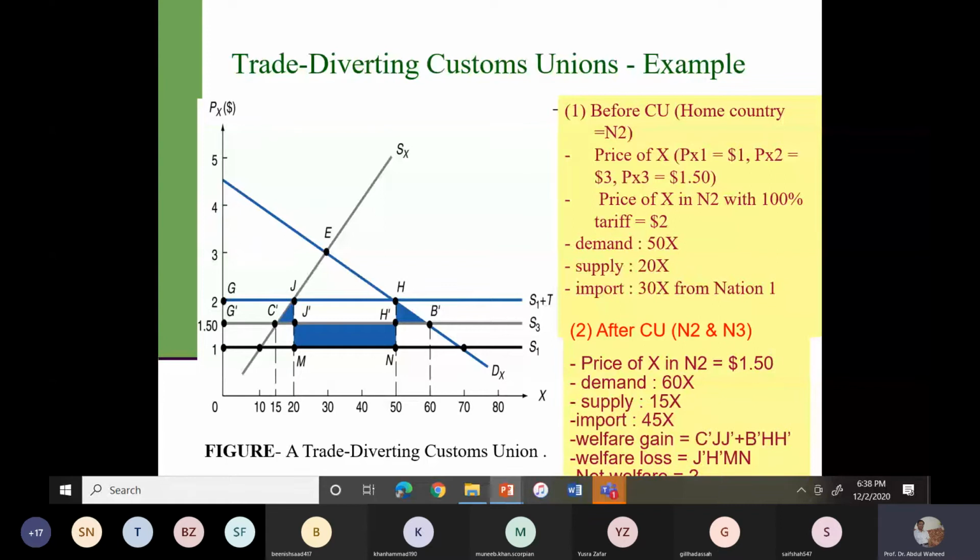And if welfare gain equals welfare loss, then it means there is no change in the net welfare after formation of custom union. So this is the example of trade diversion in this case, because you diverted your trade from nation 1 to nation 3, which is a high cost provider.